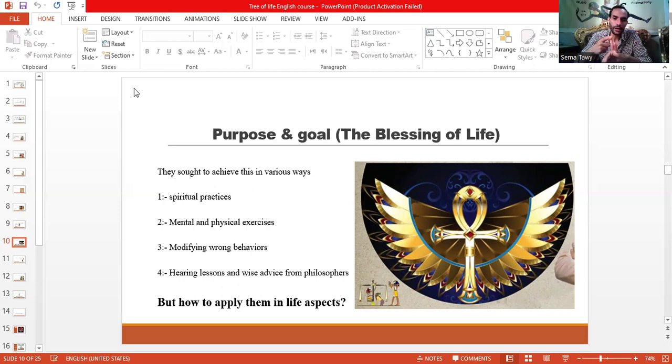They did a lot of mental and physical exercises, the Kemetic yoga postures. We will learn about Kemetic yoga poses in the next lecture. They modified wrong behaviors. And fourth, hearing lessons and wise advice from philosophers. They followed the teachings of philosophers.